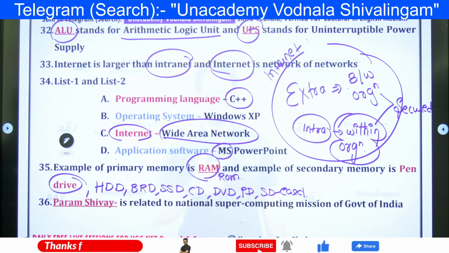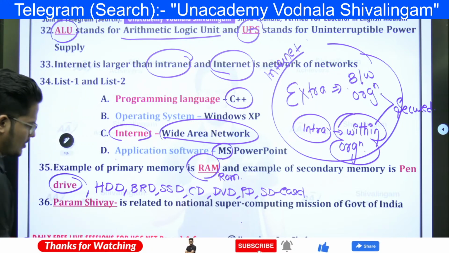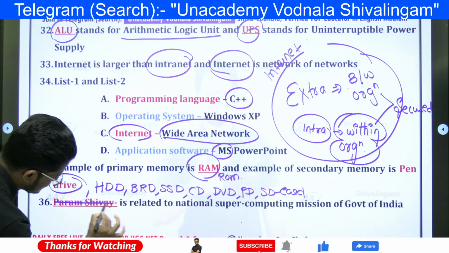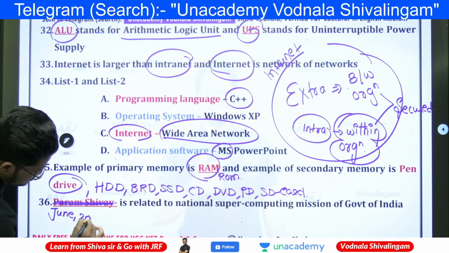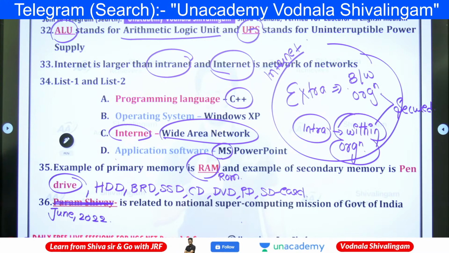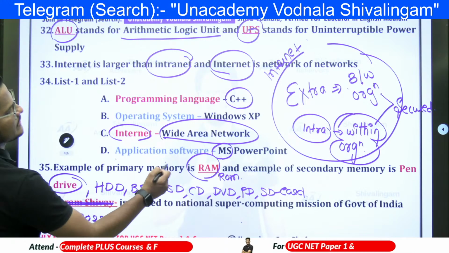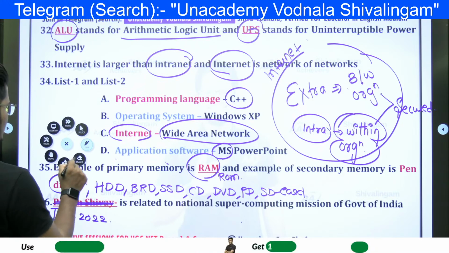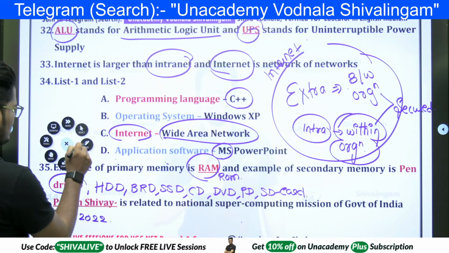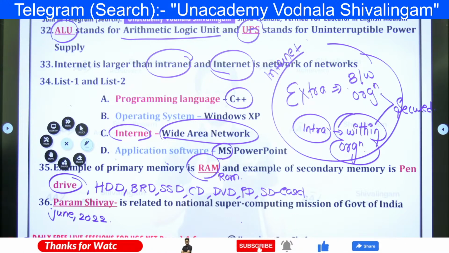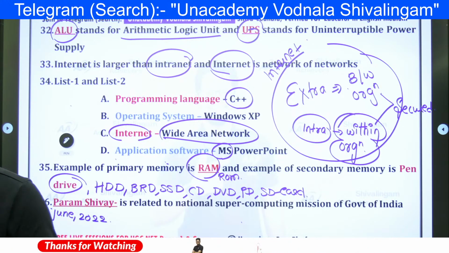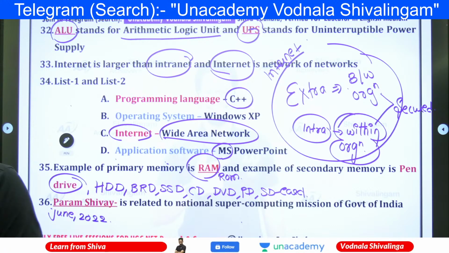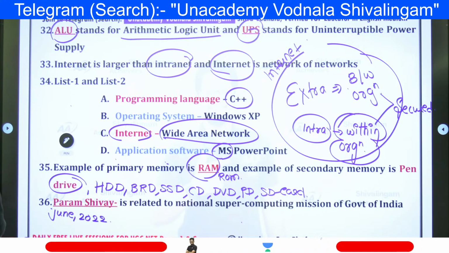And Param Shivai is related to the National Supercomputing Mission of the Government of India. A new supercomputer came into the picture in June 2022. Param Shivai is related to India, I cannot eliminate it, but all over the world a new one came. What is that new one? Please tell. I told in the class but forgot the name. Frontier, yes.